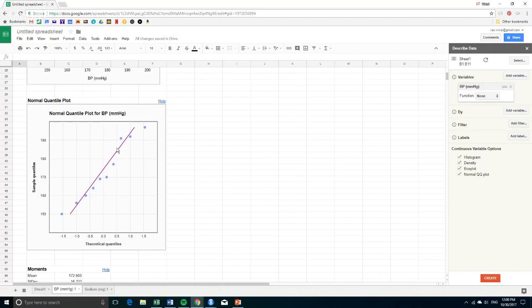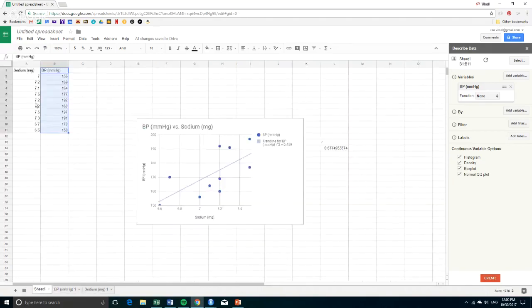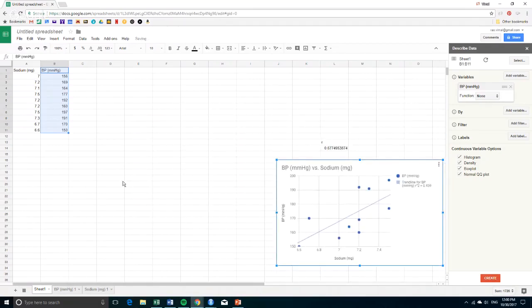So our null hypothesis is that the data is normal, and we fail to reject the null hypothesis. So there is not enough evidence to say that blood pressure is not normal. So with that, I think that both sodium and blood pressure probably come from a normal distribution. At the very least, there doesn't seem to be enough evidence to suggest that they don't.